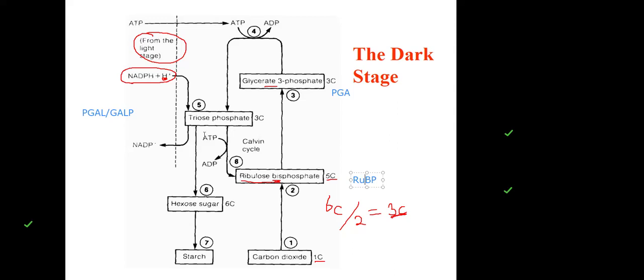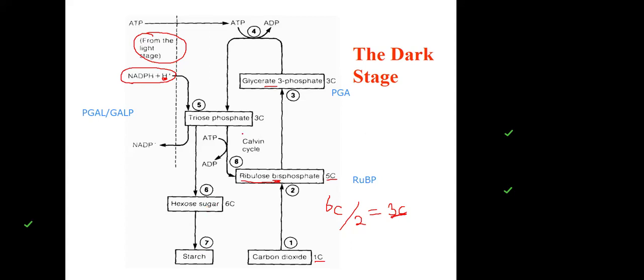So we find only a small portion of the TP or the GALP is used to form hexose sugars such as glucose. And then the hexose sugars are going to undergo polymerization to form starch, because starch is a polymer of thousands of hexose sugars, that is alpha glucose molecules.